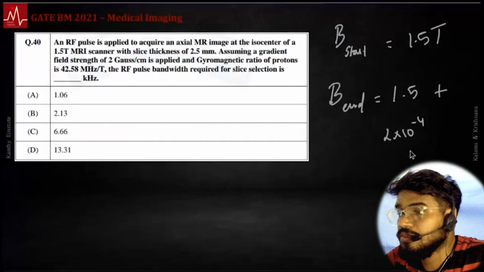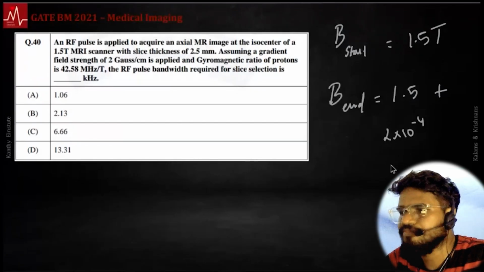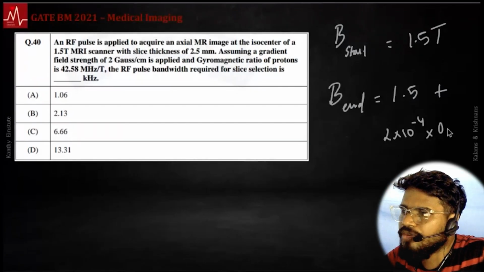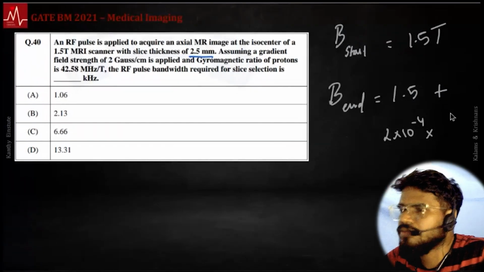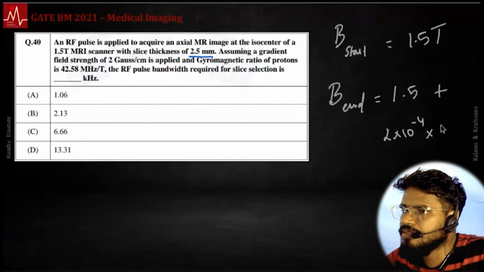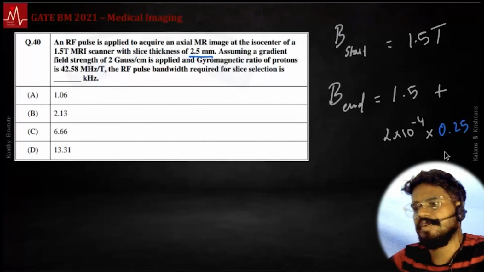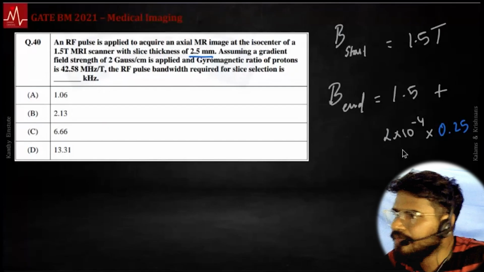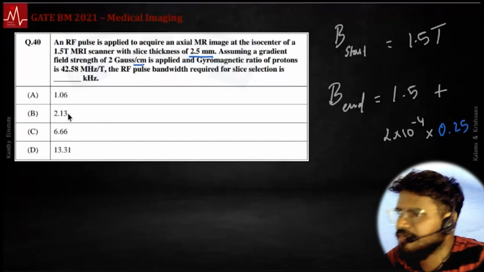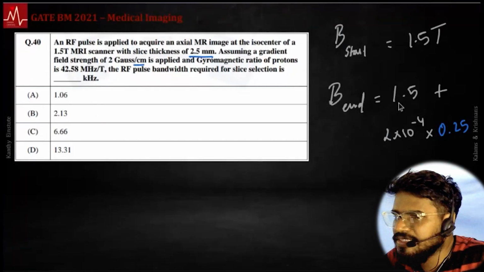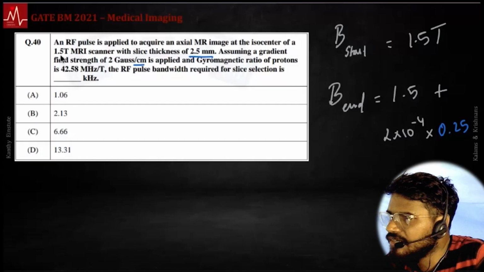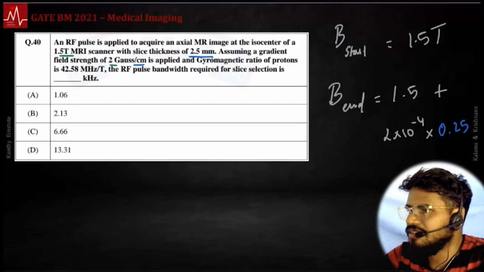The distance, 2.5 mm, is 0.25 centimeters. Because this is in centimeters, I put that in centimeters, and because this is in Tesla, I put this in Tesla.